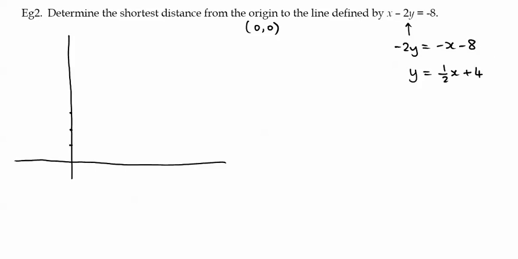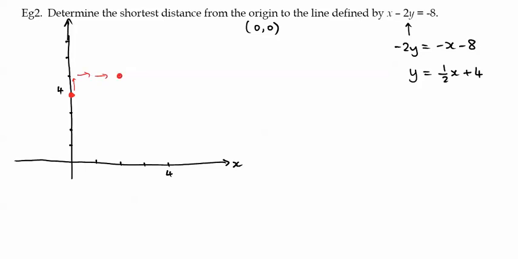1, 2, 3, 4. Here is the y-intercept. And we have slope equals 1/2. Rise by 1, run by 2. So starting from this point on the y-axis, up by 1, run by 2.